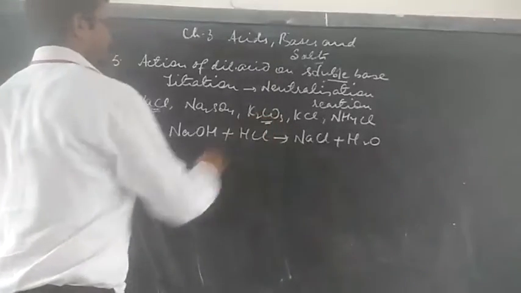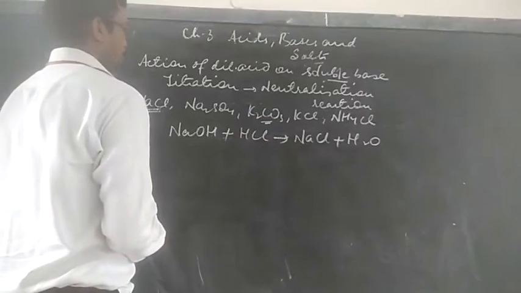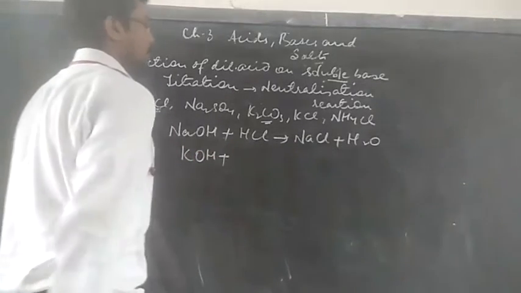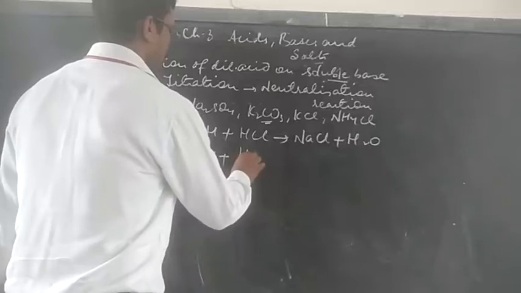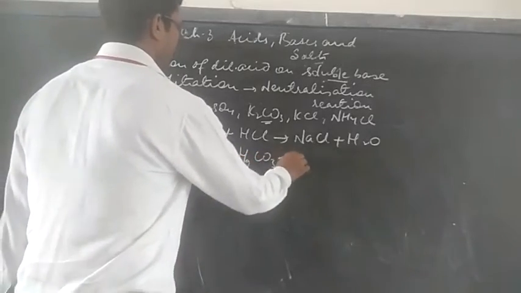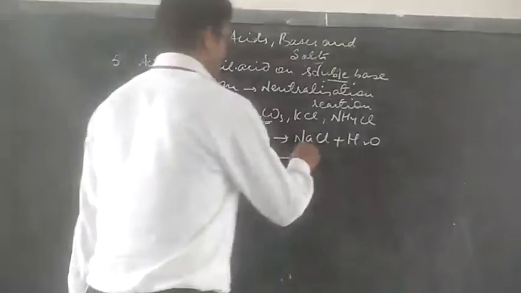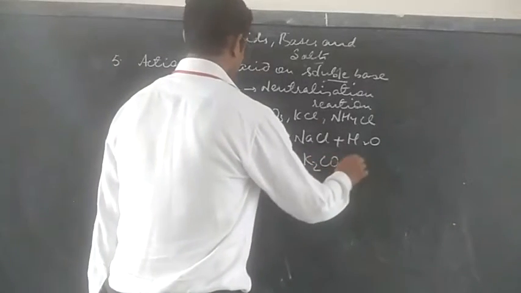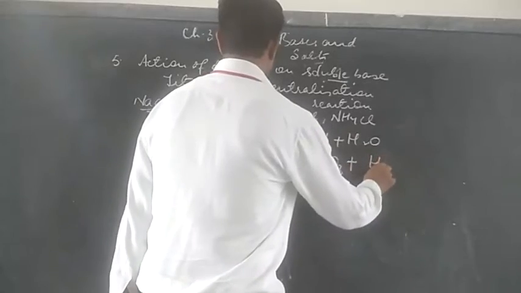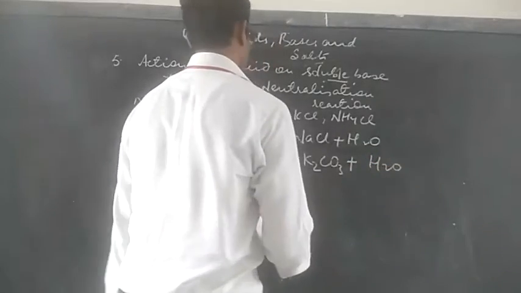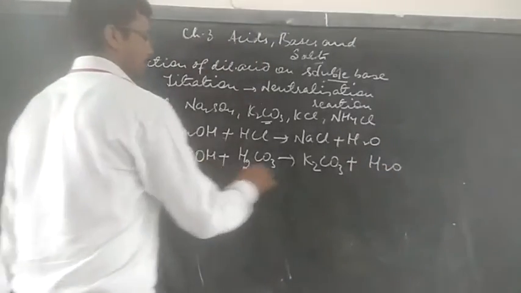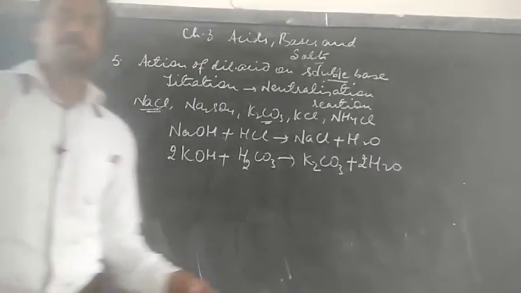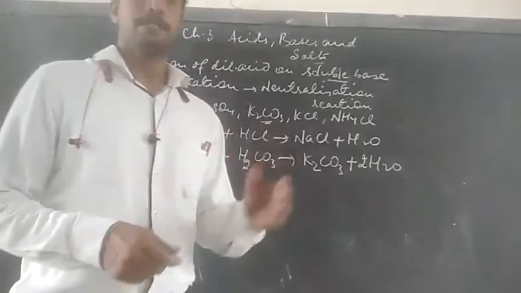If you have K2CO3 to prepare, we can take a soluble base and the acid H2CO3, where the reaction will give K2CO3 plus H2O. So this is how we can prepare these different salts.